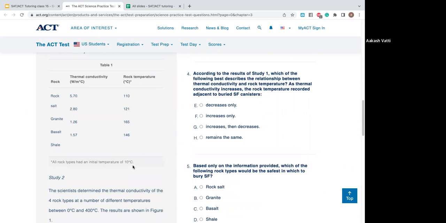So question 4. According to the results of study 1, which of the following best describes the relationship between thermal conductivity and rock temperature? As thermal conductivity increases, the rock temperature recorded adjacent to buried SF canisters. How about you put your answer in the chat for this one, and then I will say my answer after.